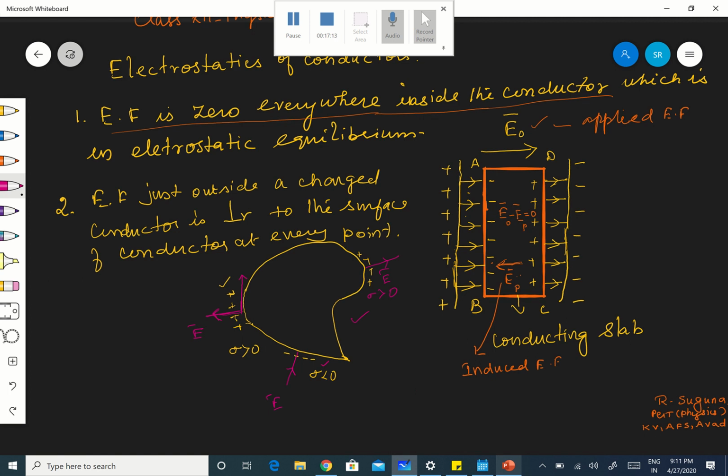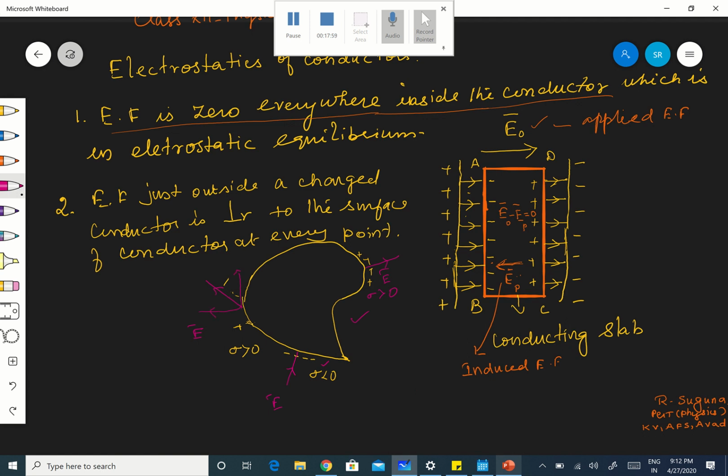For example, instead of this, if my electric field is not normal, but in this direction, I can resolve it into two components, one in this direction and another in this direction.